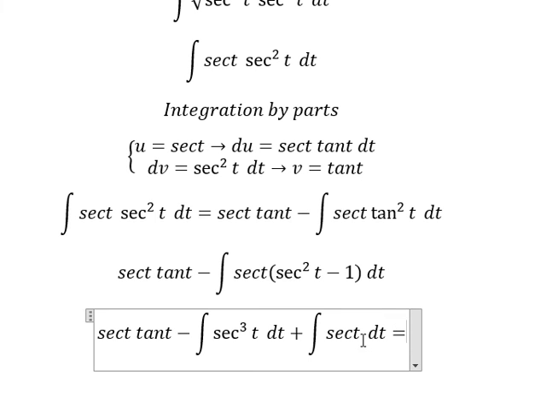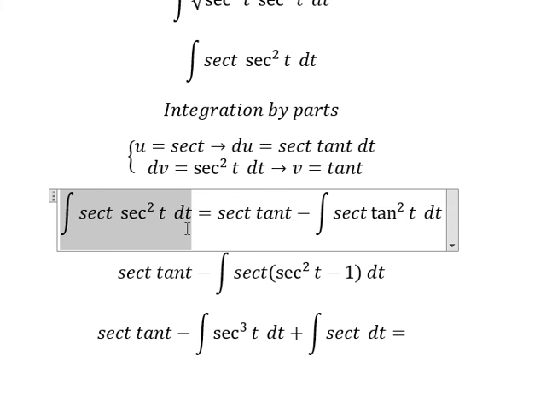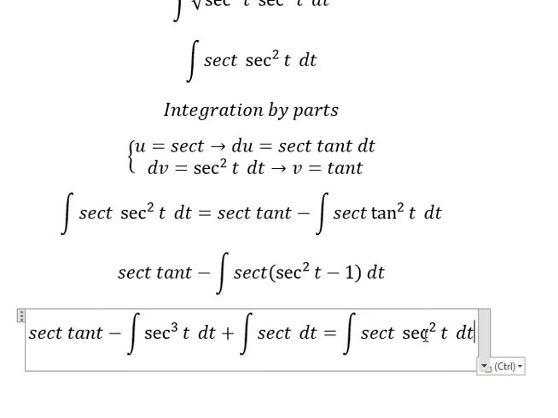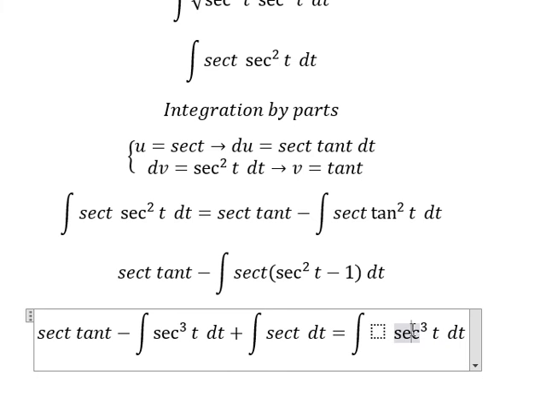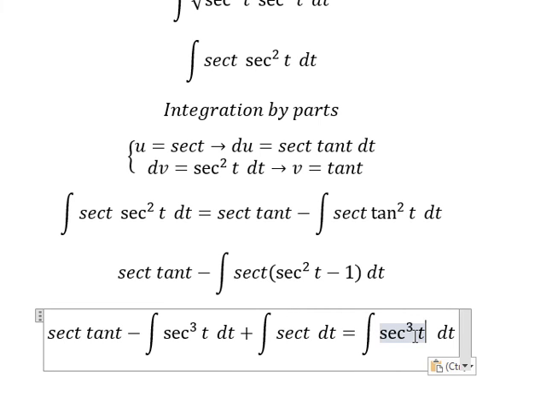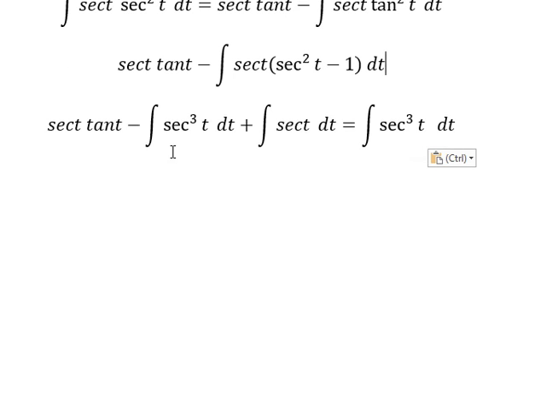And everything in here equals this one. And this one is secant of t to the power of 3. Now we put this one to the right.